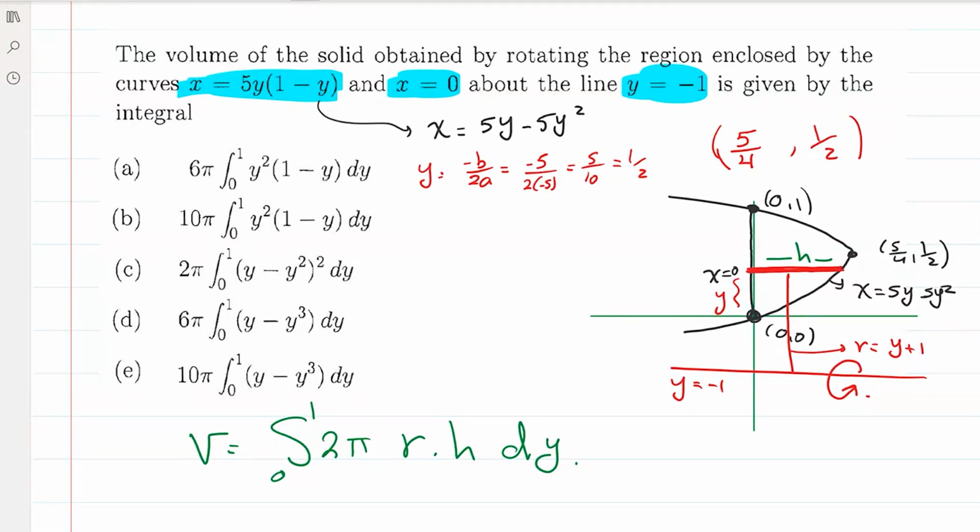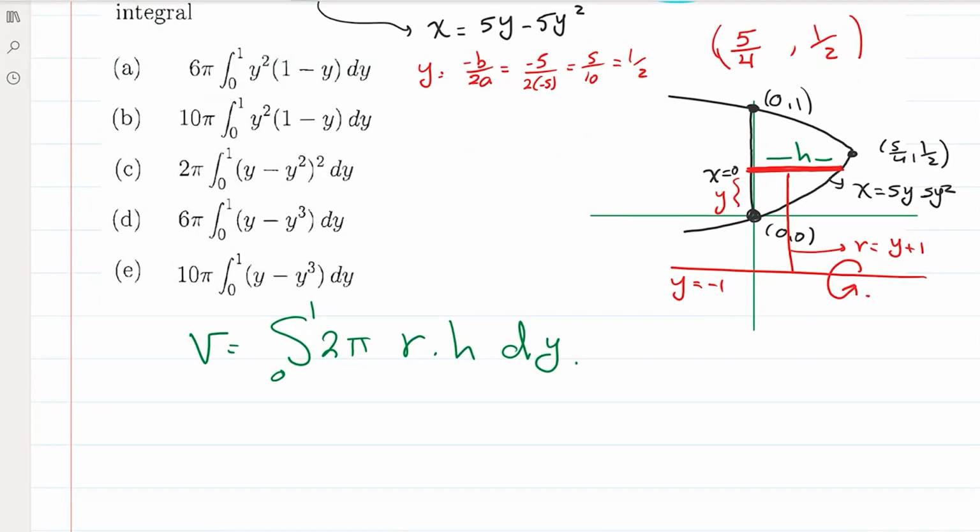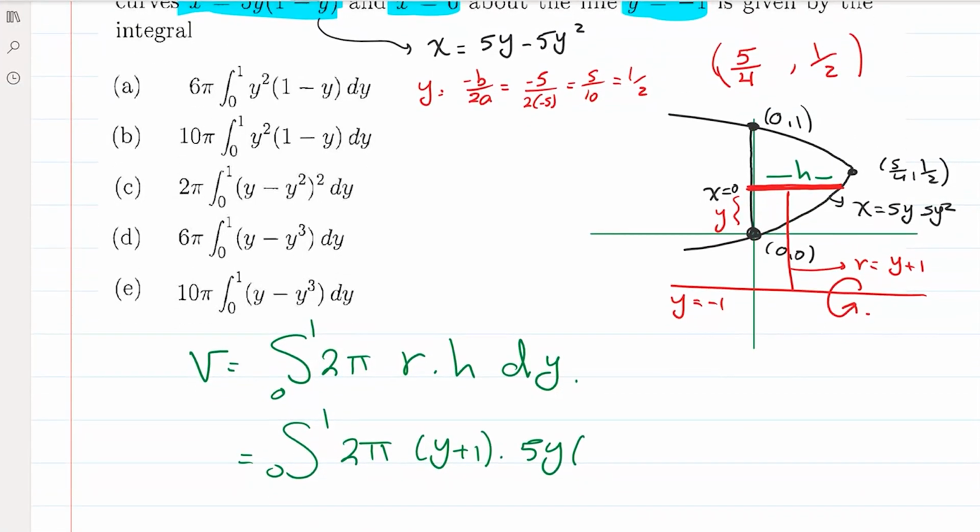So y goes from 0 to 1, 2 pi. What is the radius? It will be y plus 1 times what is h? This curve minus 0, so 5y minus 5y squared, or we can write it 5y times (1 minus y), same as what we have in the question.